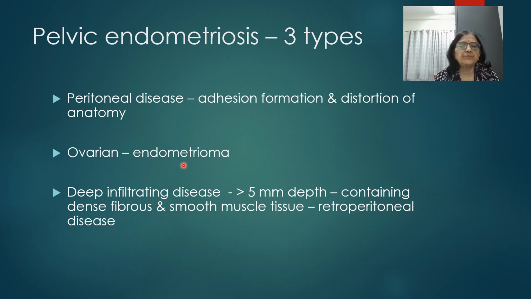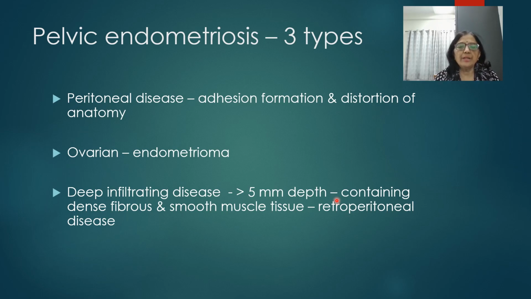The third pelvic variant is deep infiltrating disease, which is the most challenging one to diagnose, where the depth of invasion of the tissues is more than 5 millimeters, and usually nodularity is present.